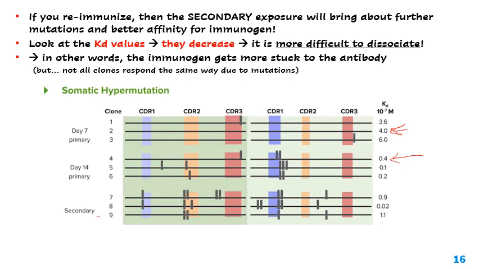Look what happens here after a secondary exposure, right? But basically you can see here, most of these clones, after 2 weeks of exposure, have better affinity for the antigen. And you should be asking, what happened to the ones that had bad affinity?